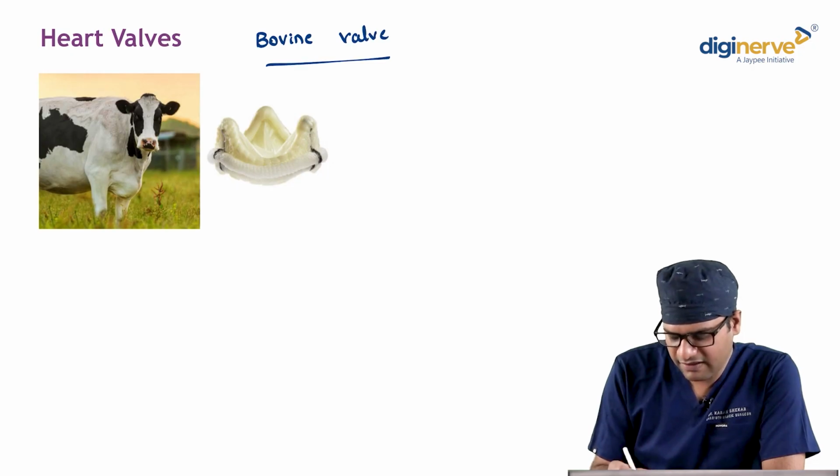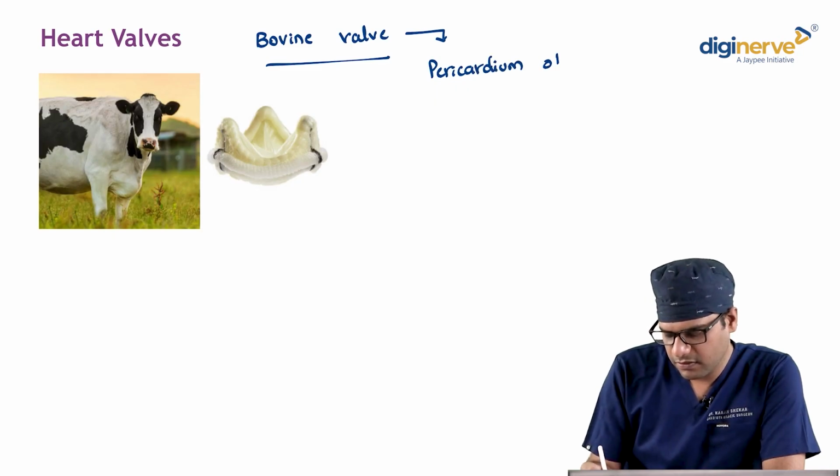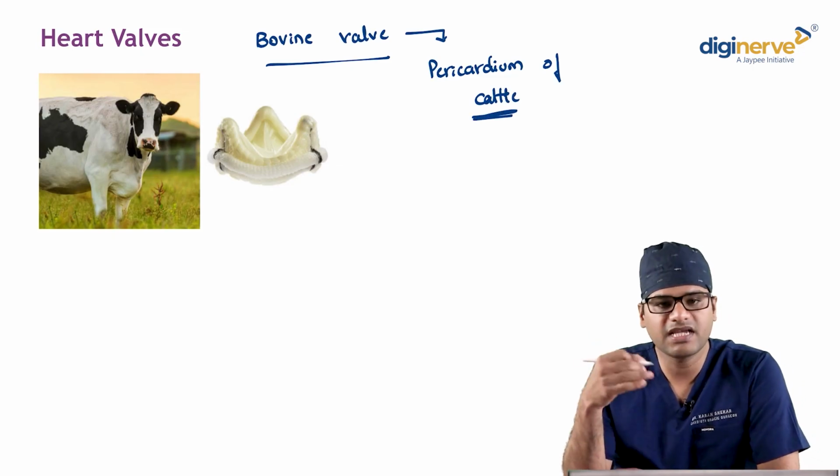Now, the bovine valves are made up of pericardium of cattle. So the pericardium is harvested.